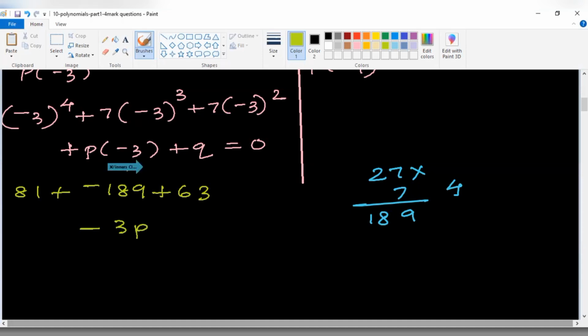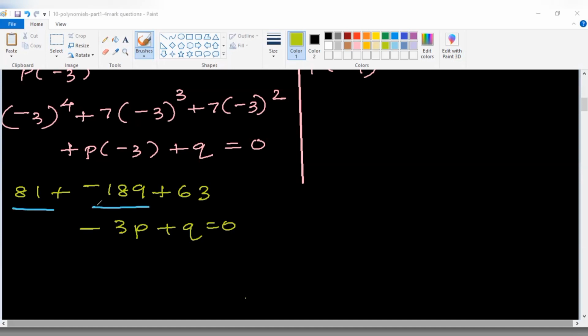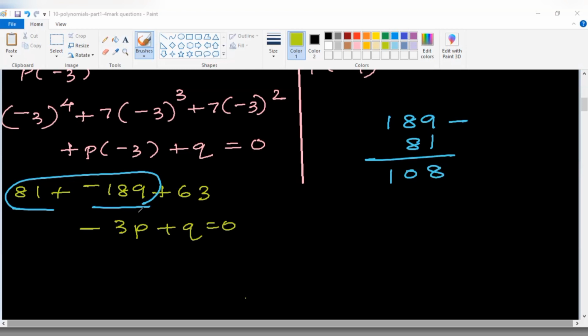Then here plus q is equal to 0. Now here 81 minus 189. Actually, adding two numbers, one positive and the other negative, where the bigger one is negative, the answer is also negative. 189 minus 81 we have to do, thus we will get 108.